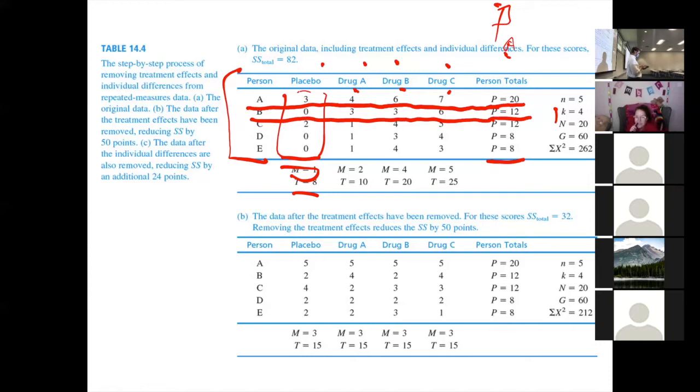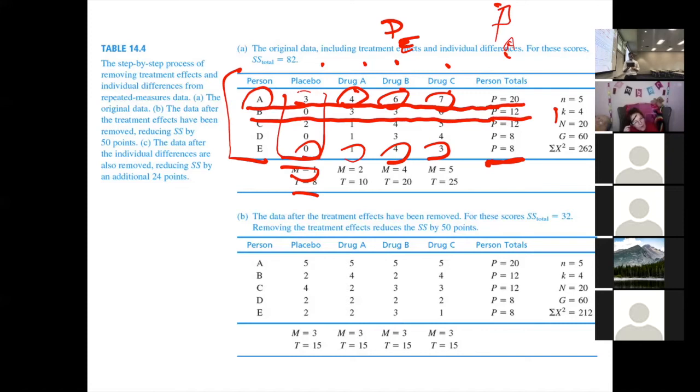So for person A, I'm taking every one of their scores and adding them together. For person E, we could do P subscript E, I'm doing 0 plus 1 plus 4 plus 3 to give me 8, right? So P is not the number of people. P is, for each person, what is your total score?